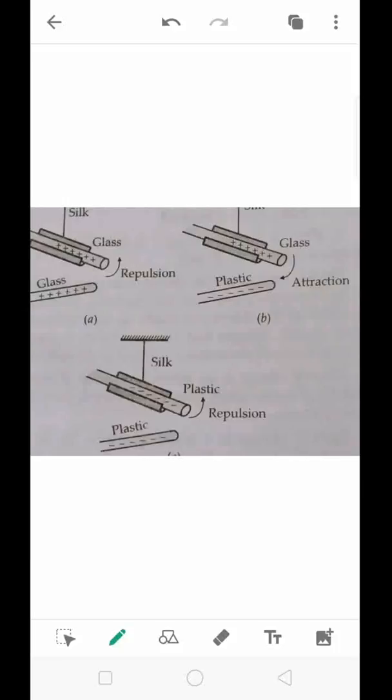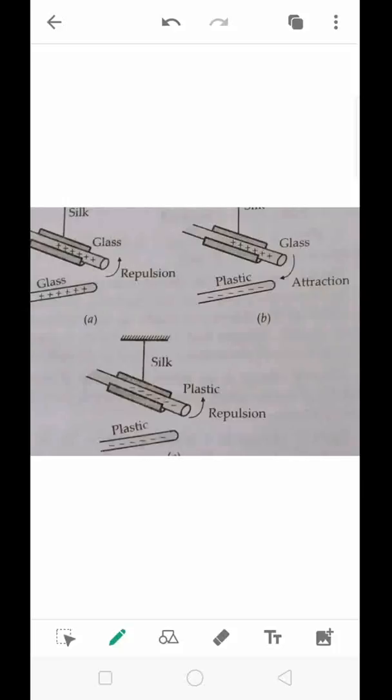Similarly, when a plastic rod is rubbed with the wool, the plastic rod will acquire a negative charge. Otherwise, without rubbing, the glass rod is electrically neutral. Similarly, without rubbing with the wool, the plastic rod is electrically neutral.